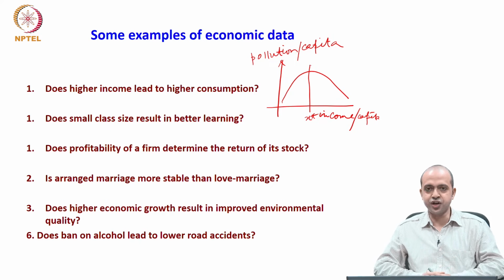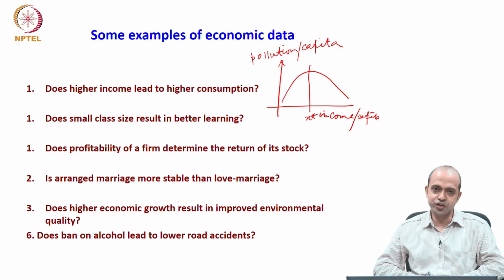So both these data are economic data, and the econometrician will analyze the number of road accidents pre and post banning alcohol, or we may also collect road accident data from several states or several districts of a particular state, and all the districts might have different levels of regulation in terms of banning alcohol or not, and then we can analyze the data to come to a conclusion, so that we can say whether banning alcohol actually leads to a lower level of road accidents or not.